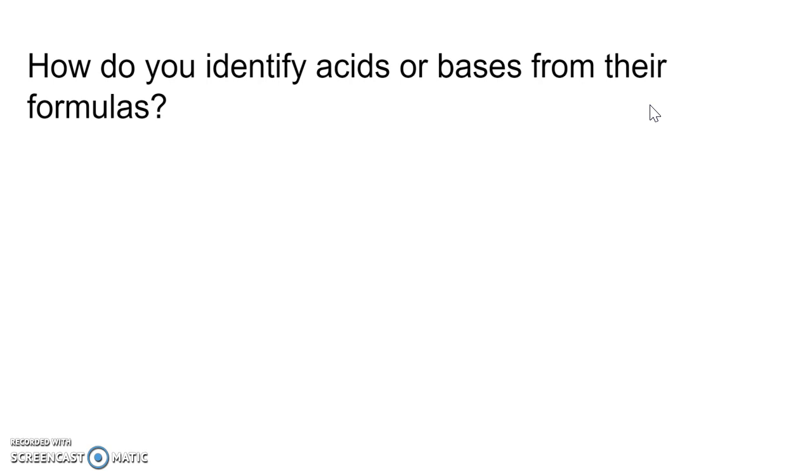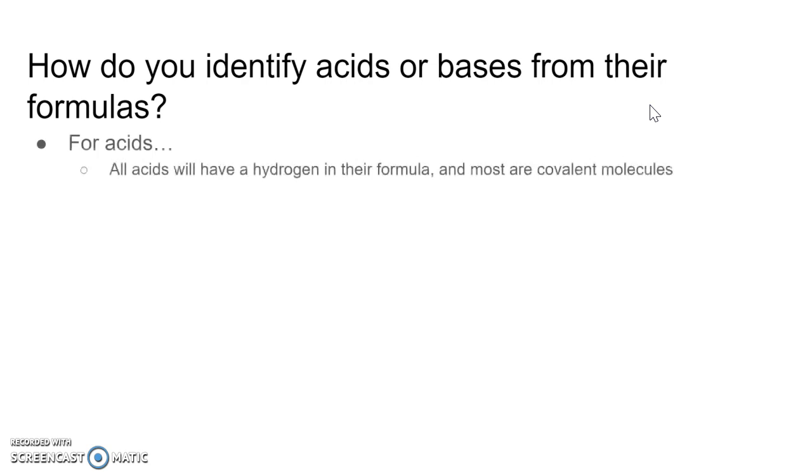Alright, so the first thing that you learned from class is how do you actually identify an acid or a base from their formula. For acids, the two biggest things are acids will have hydrogen somewhere in their formula, and most are covalent molecules, according to the rules that you've learned in this class.